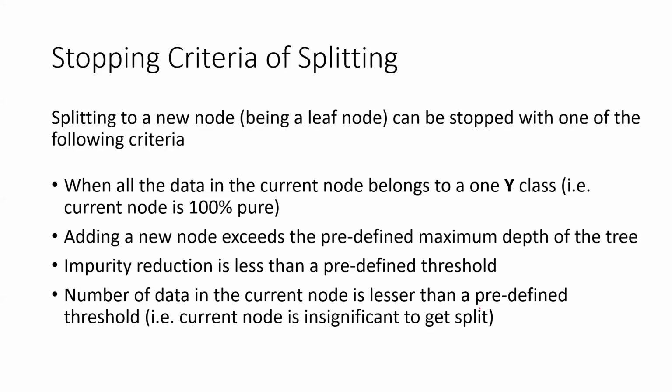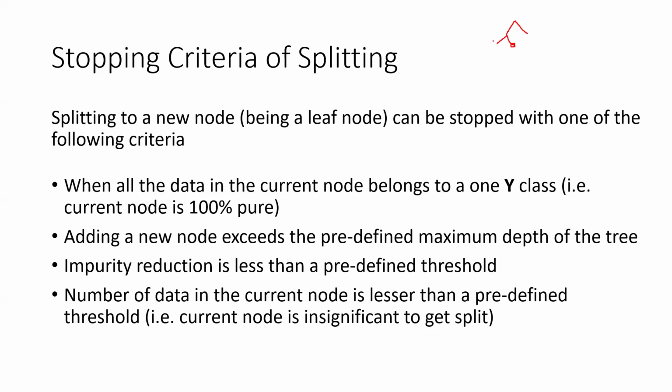For example, if you have a decision tree like this, and you are considering this node, and this node can classify your data with 100% accuracy, that means this node has 100% purity, then you don't have to add any more nodes. So that is obvious, right?